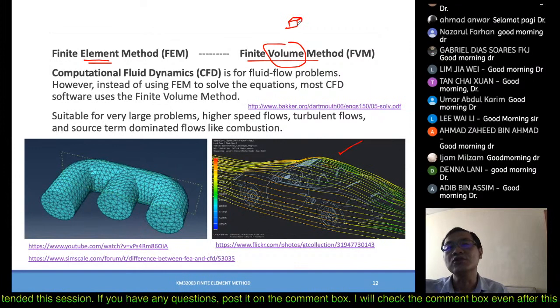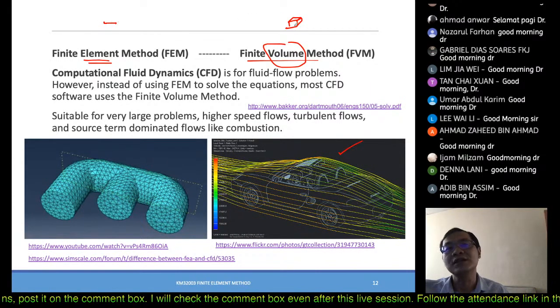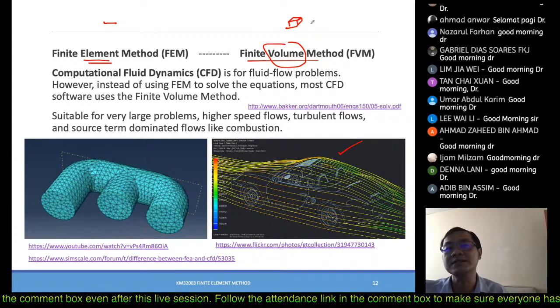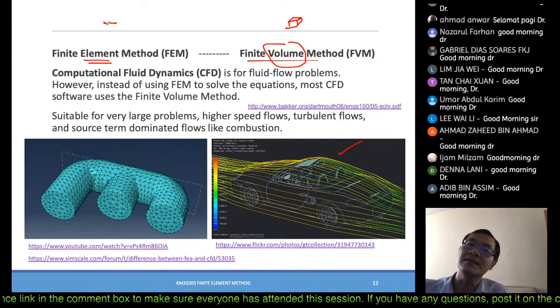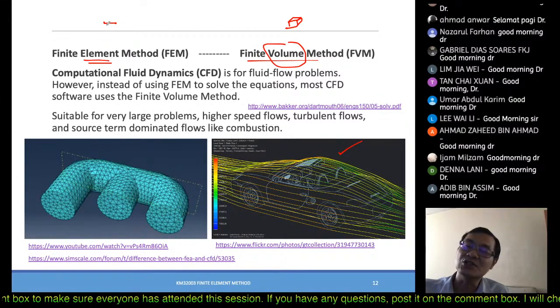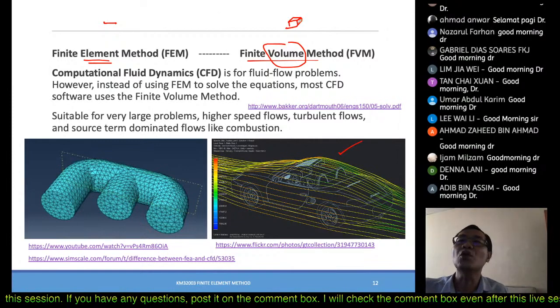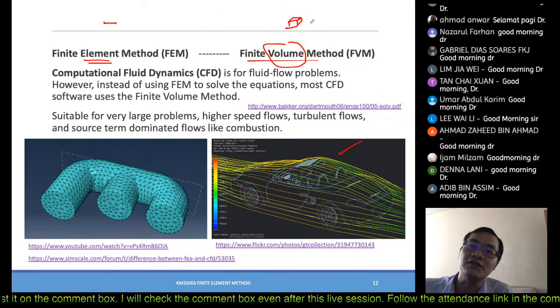So instead of an element with nodes, they create a volume and solve for the volume itself. They do integrations and so on to solve for that volume instead of the so-called very rigid elements. So this volume can become bigger, smaller, and so on. That is the advantage of them.